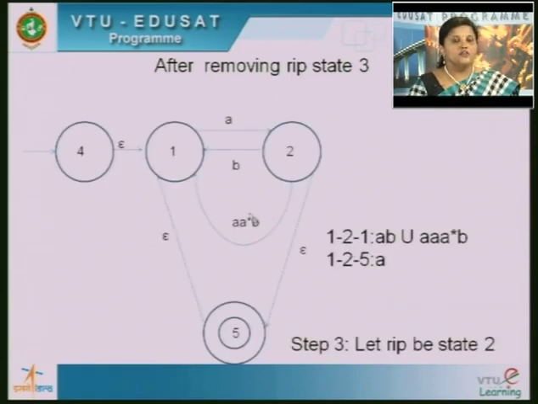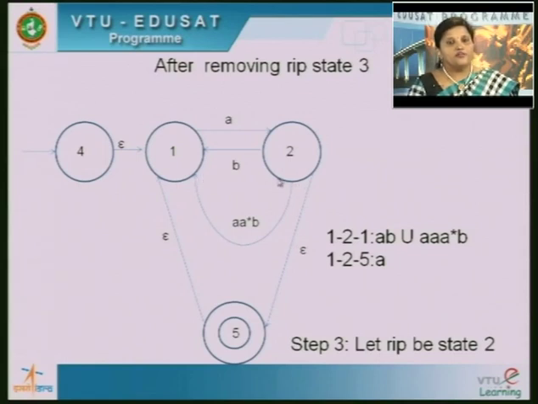Okay. So now state 3 has been eliminated, and instead of it, you have a transition from 2 to 1 with the label A star B. Okay. So this is the FSM after removing the rip state 3. Next, let us remove state 2. State 3 we have removed, next we will remove state 2, and then state 1.